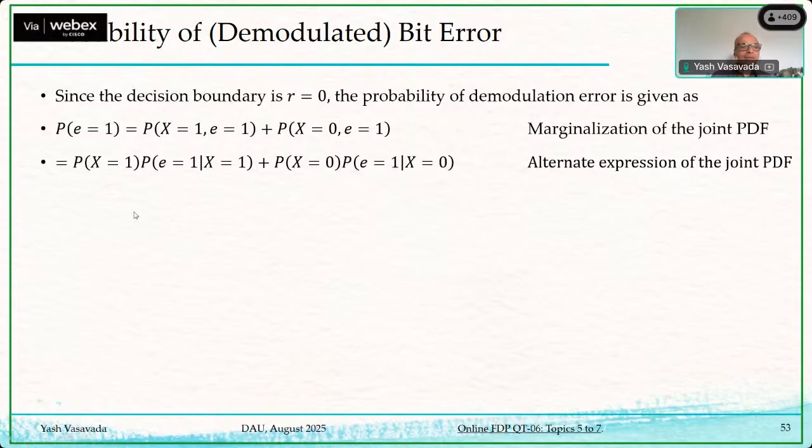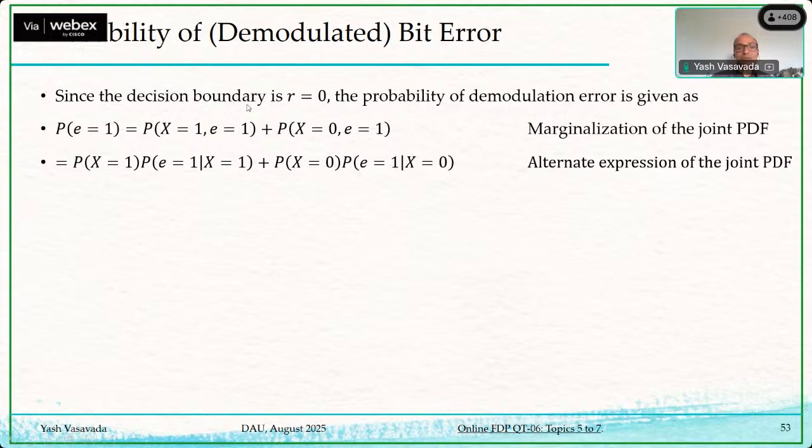Now, we have already said that x equal to 1 and x equal to 0 both have a probability of 0.5. So those terms are easy. We'll just take them as 0.5. How do I calculate the probability of error being equal to 1 when x equal to 1 is transmitted? For that, I have to think: when the transmitter sends bit 1, when will the receiver make an error?